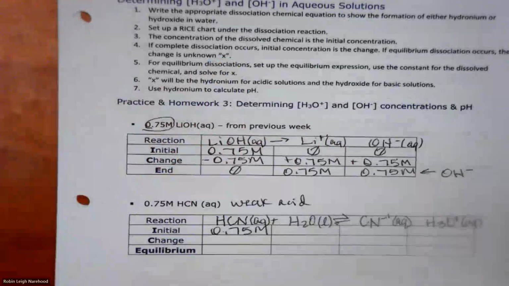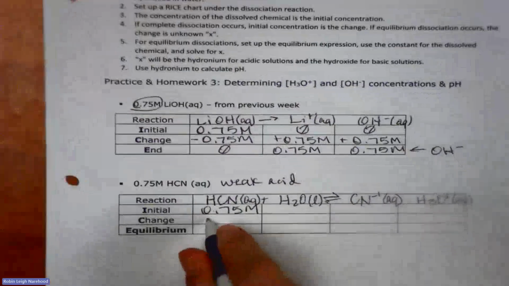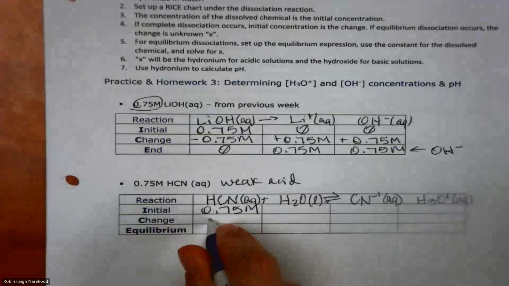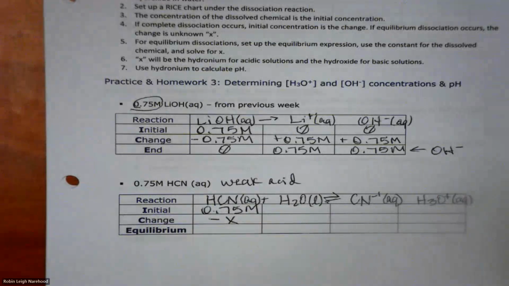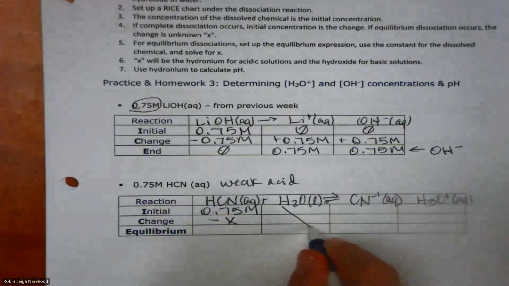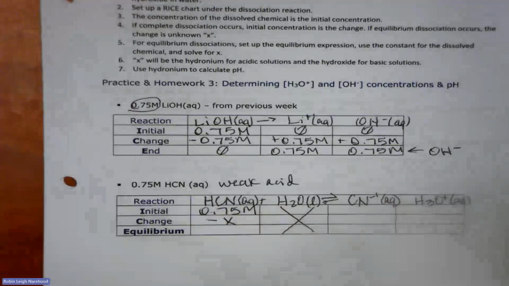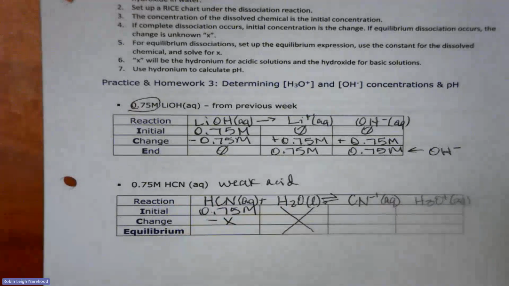Okay. So how much HCN dissociates? Minus X. We don't know. Okay. Water is a liquid. You don't have to worry about it. It does participate, but it's not going to be part of our expression. Okay.